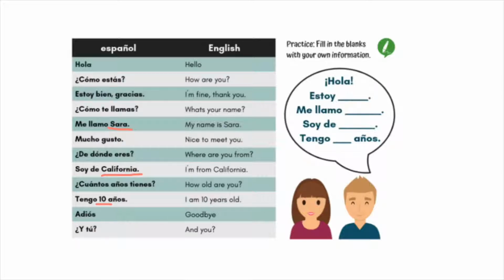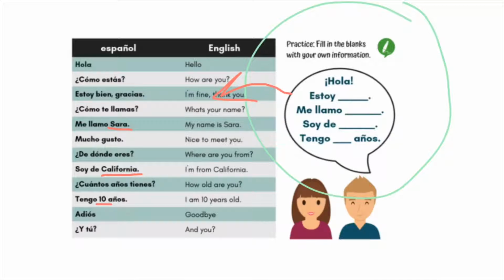Now I'm going to go ahead and fill out over here my self-introduction information. And this is pretty much going to be the basis for your Flipgrid video. So, hola, that's my greeting. Estoy, if I look over here, I'll have answers that are examples.